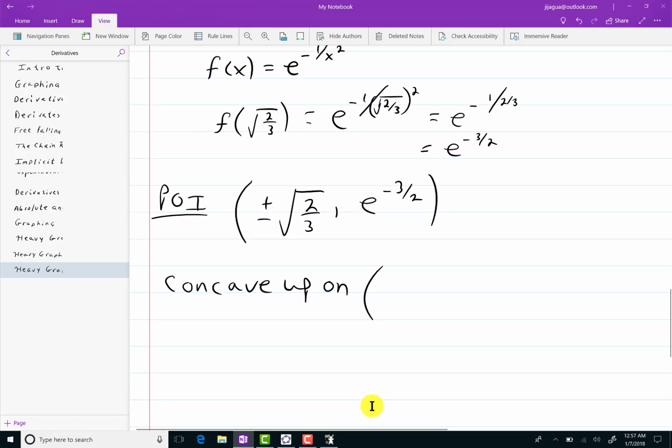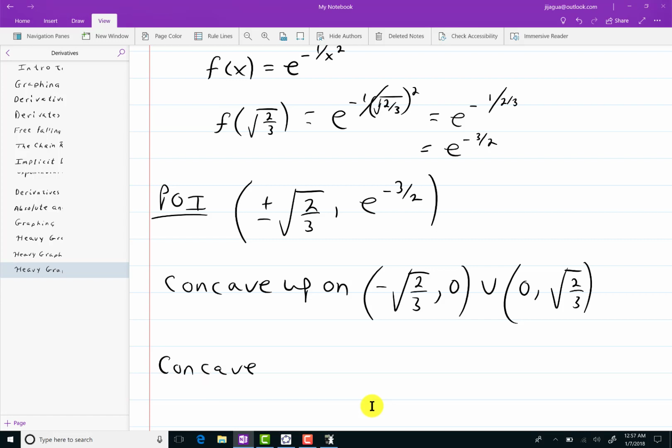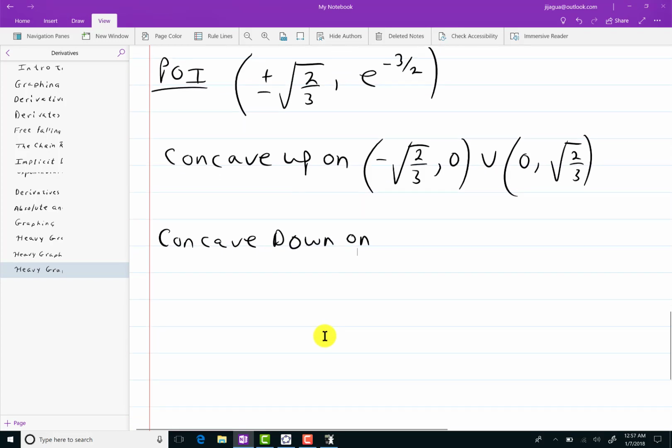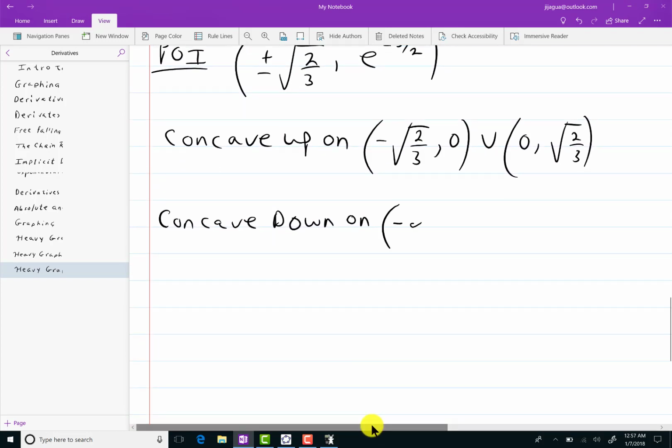So from negative radical 2/3 to 0, union 0 to the square root of 2/3. And it's concave down everywhere else. So it will be concave down from negative infinity to negative radical 2/3, union radical 2/3 to infinity.